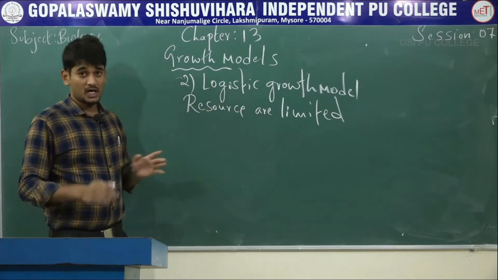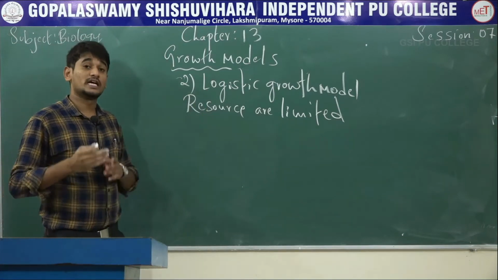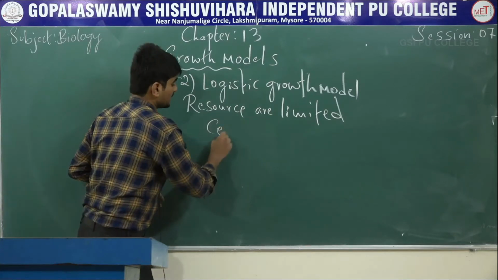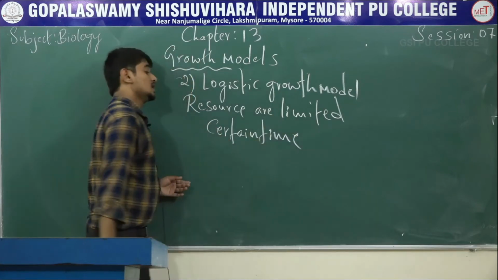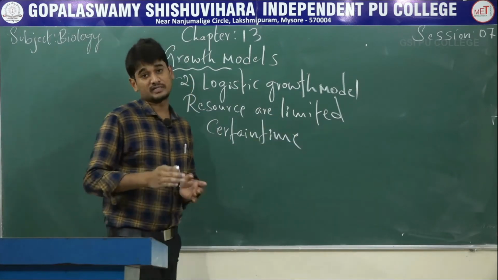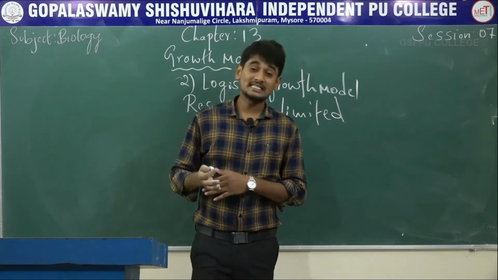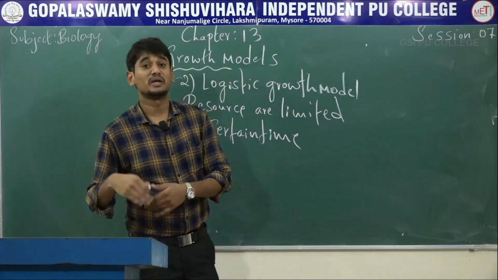In this model, the population can grow exponentially at certain times only. This leads to competition between individuals of the species, so the fittest individuals can survive and reproduce.